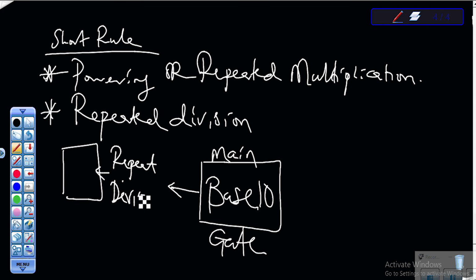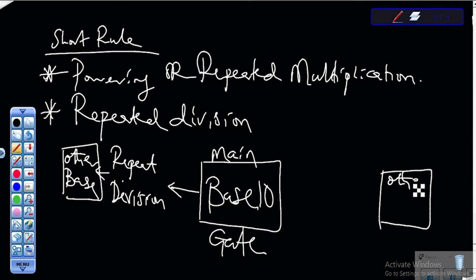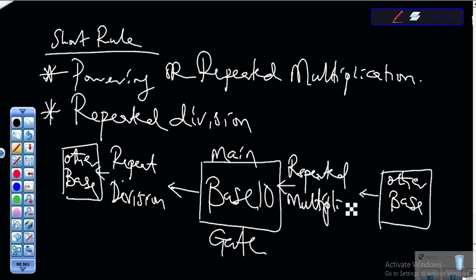But when you are trying to go from other bases to base 10, then you will use what we call repeated multiplication, or the powering method. So that is the idea.